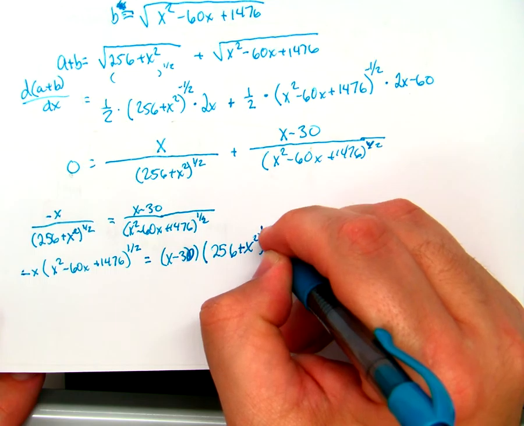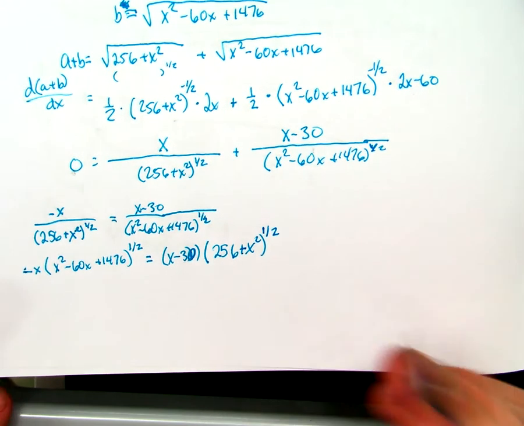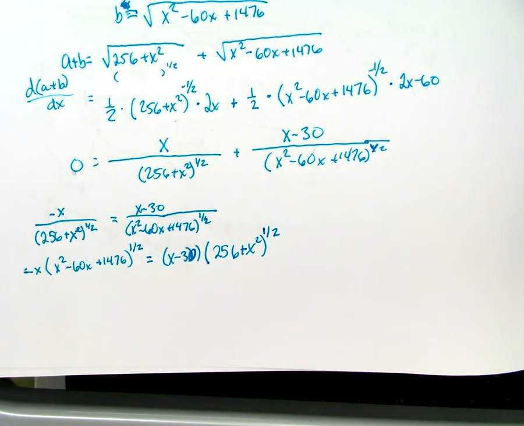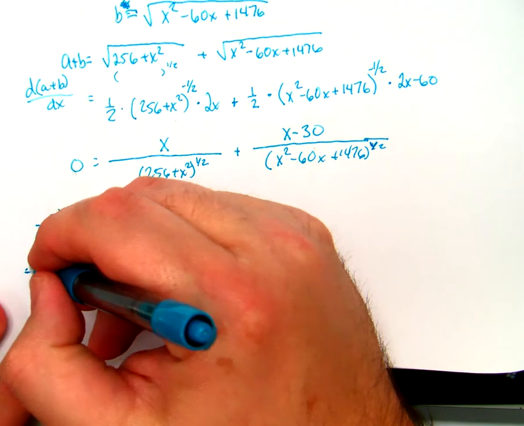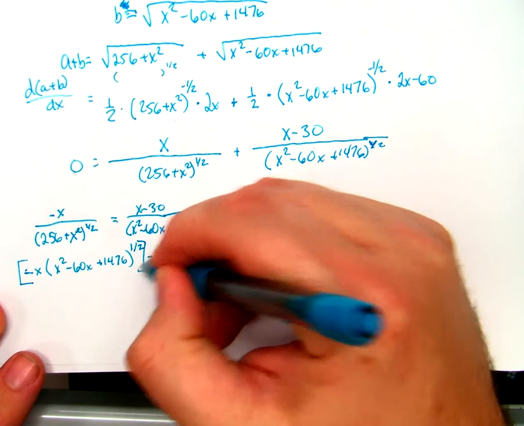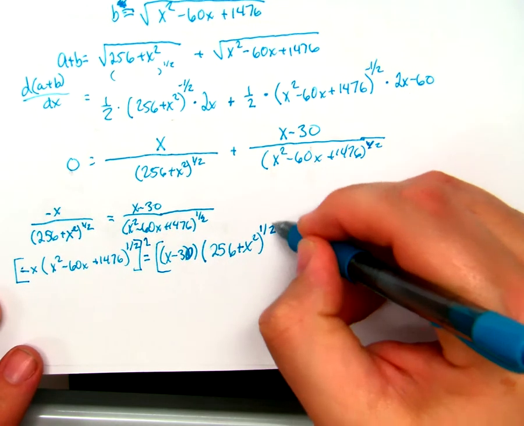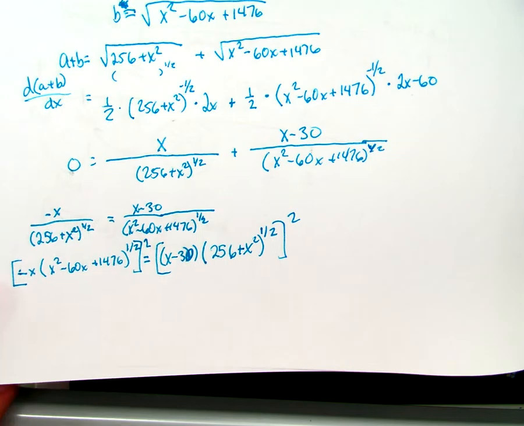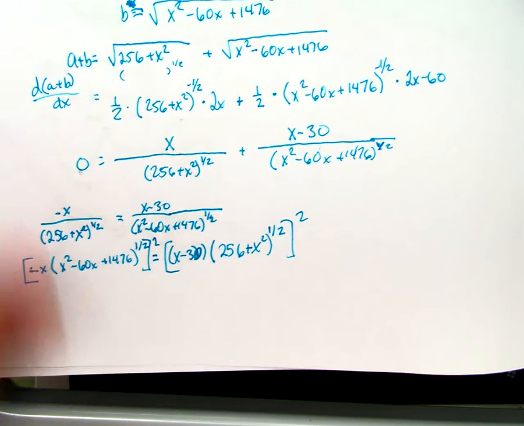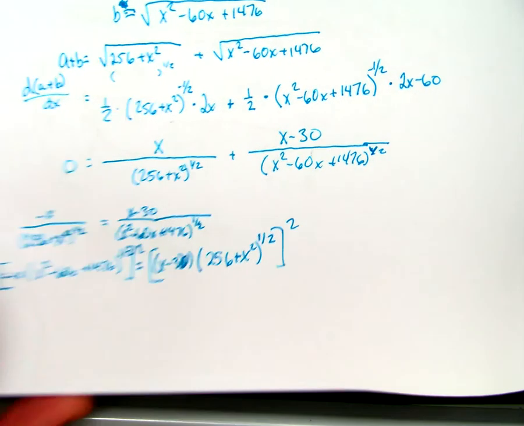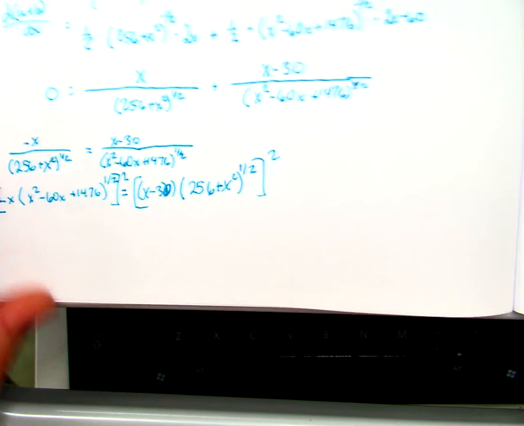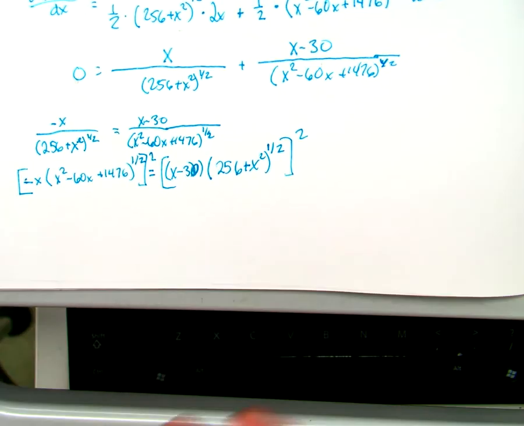All right, I don't like the half powers. So what do I have to multiply by 1/2 to get the 1? Two. So I'm going to square both sides. I'm going to square this, and then I'm going to square this. By squaring that, I'll get rid of the square roots.